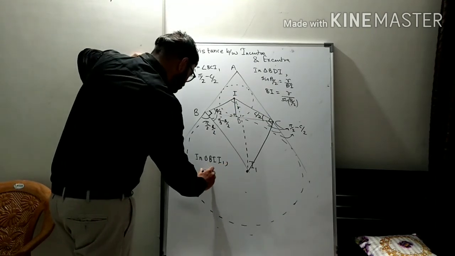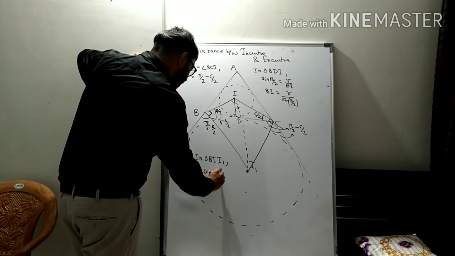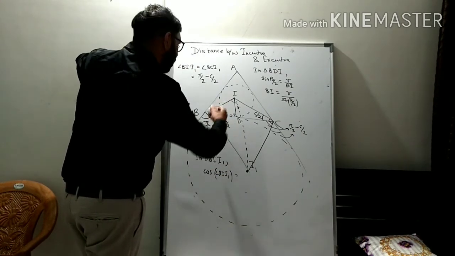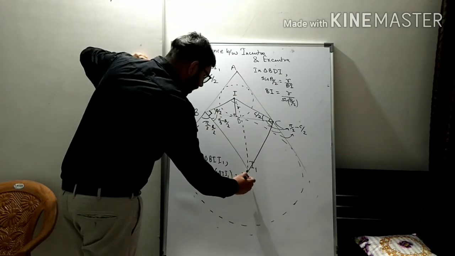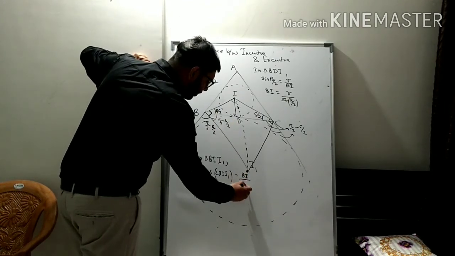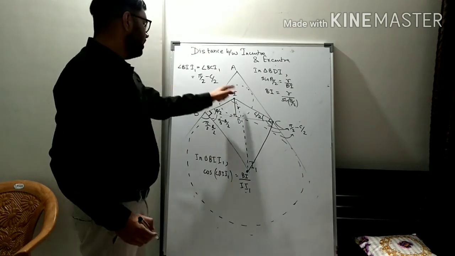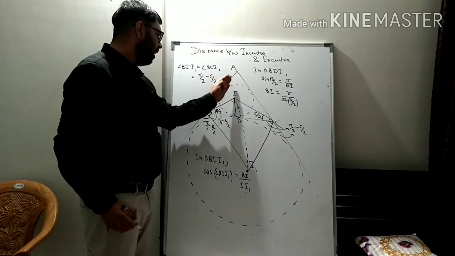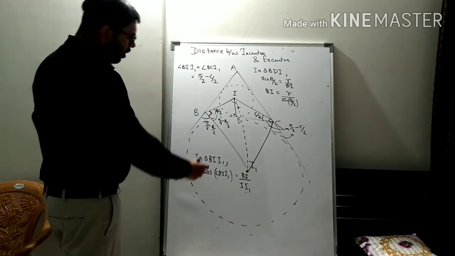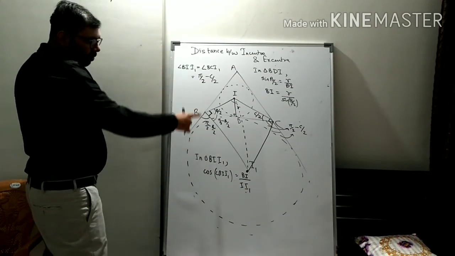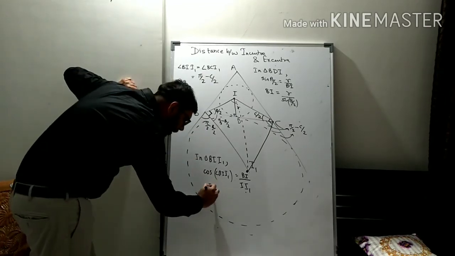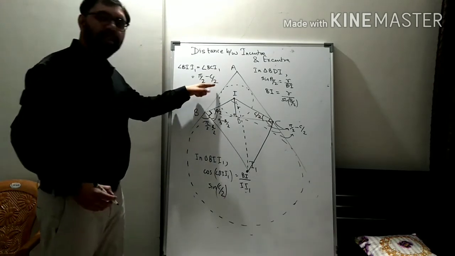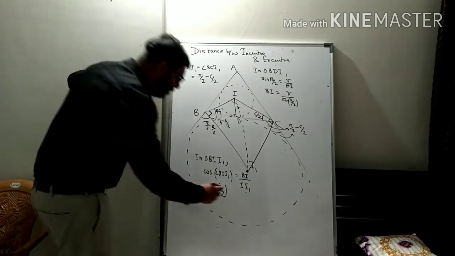So cos of angle BII1 is equal to base upon hypotenuse, because this is a right angle. Base is BI, upon hypotenuse II1. Now cos of BII1 we already know is pi by 2 minus C by 2. So cos of pi by 2 minus C by 2 will be sin C by 2. Cos of 90 minus theta is sin theta.